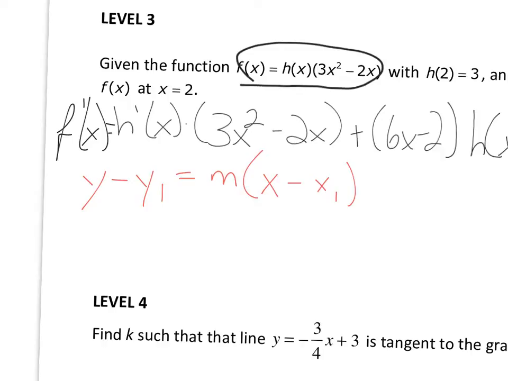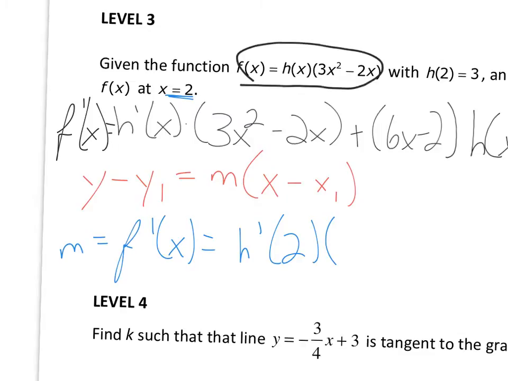So I'm going to start with m equals f prime of x equals h prime of 2, because we were told we want this at 2, times, when I plug 2 in for x, 3 times 4 minus 4, 3 times 4 is 12, minus 4 is 8, plus 6 times 2, which is 12, minus 2, which is 10, times h of 2.